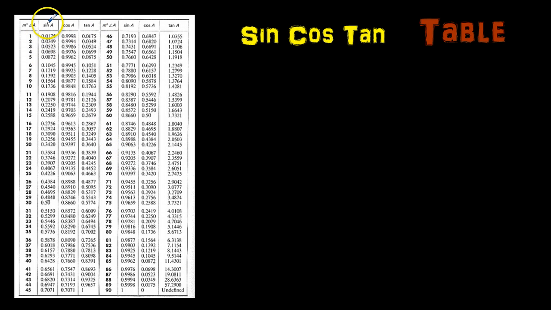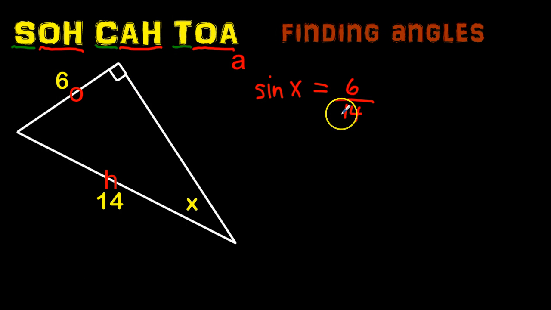So there's a sine column. This is kind of small, but in this sine column all of our values are listed here from 0 basically all the way to the sine of 90 degrees, which is 1. So what ratio is 6/14? If we use a calculator here, we can round this to the nearest thousandth.